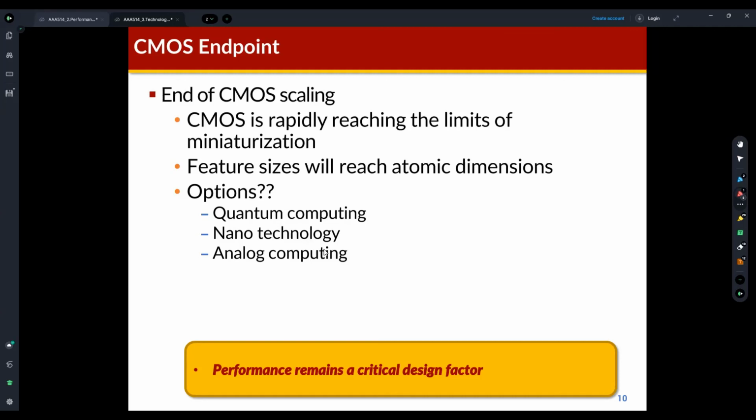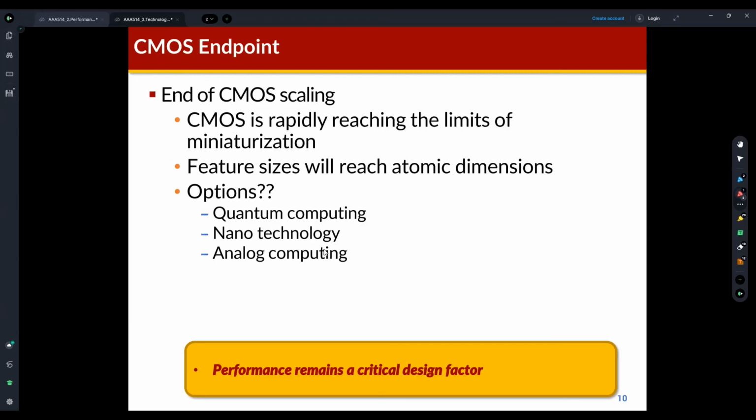This node size relates to the channel length, the width of the CMOS channels, so we can understand that the node number is related to the size of transistors.